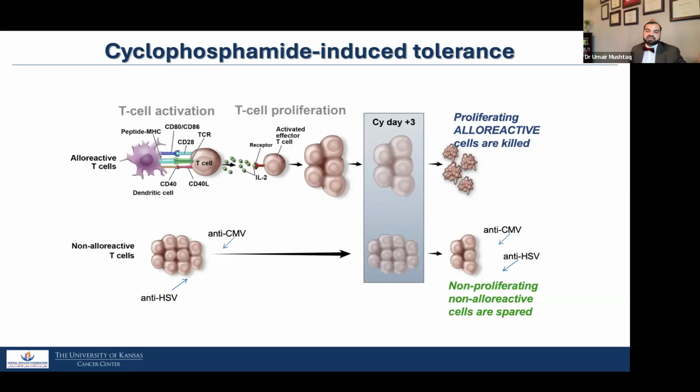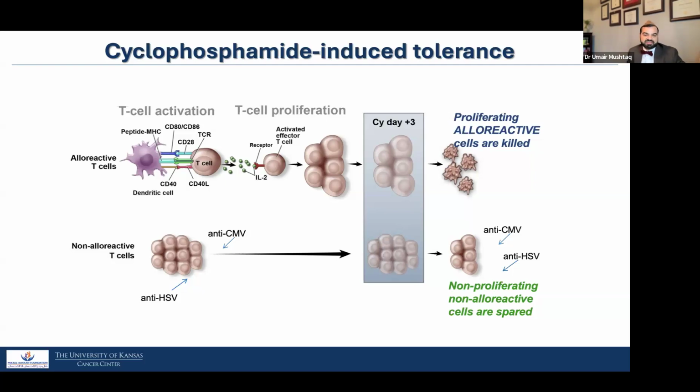And when you give cyclophosphamide at day 3 and 4, it will kill all of those proliferating alloreactive cells. Alloreactivity is directed against HLA where the mismatch is. Then there are memory T cells and non-alloreactive T cells that are anti-CMV, anti-EBV, anti-HSV, and they are not proliferating, so they are preserved and spared.